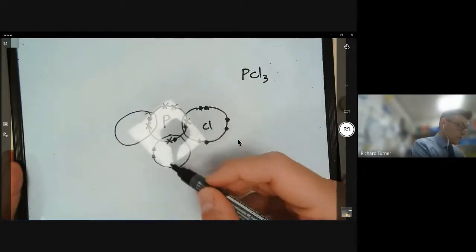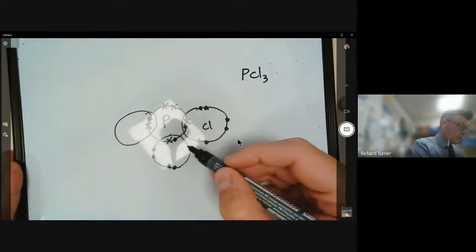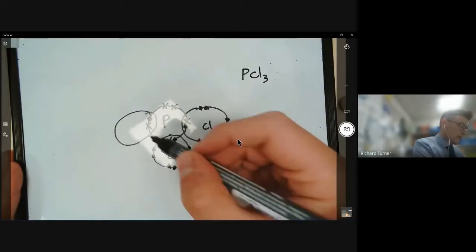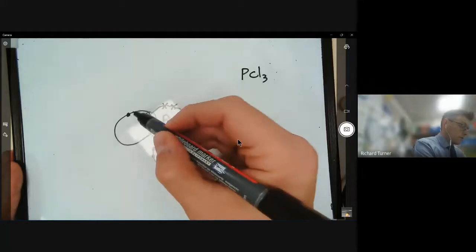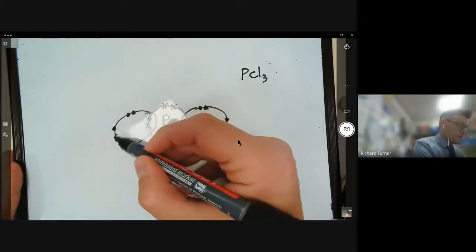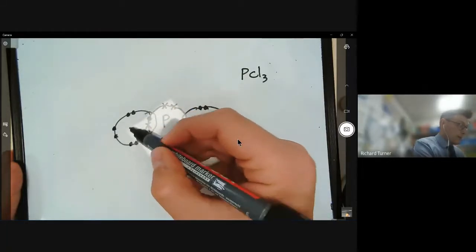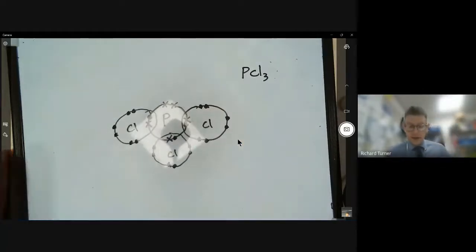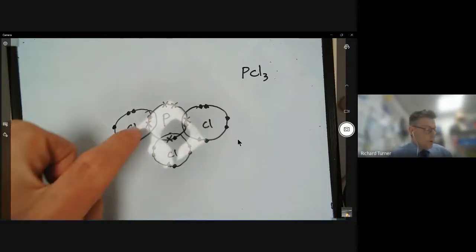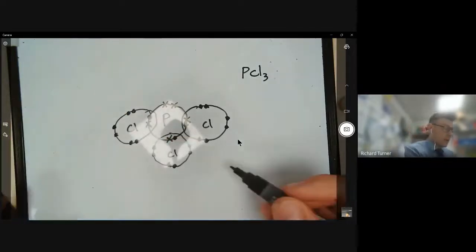Okay, so I've used my dot and cross diagram. However, we need to think, so how many? 1, 2, 3 bonding pairs.